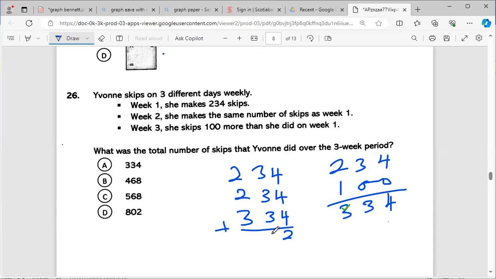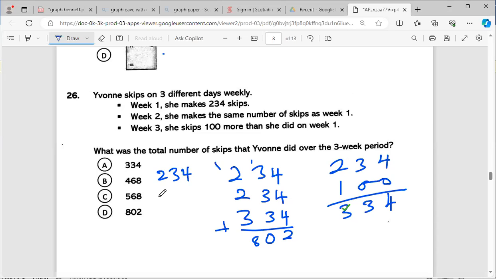So what I did was, it says that week 1, she makes 234 skips. Week 2, she makes the same number of skips as week 1. Week 3, she skips 100 more than she did on week 1.